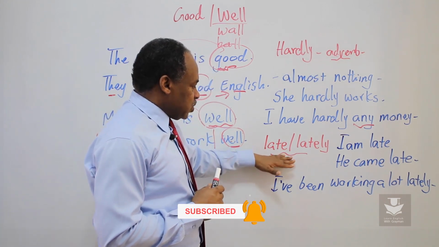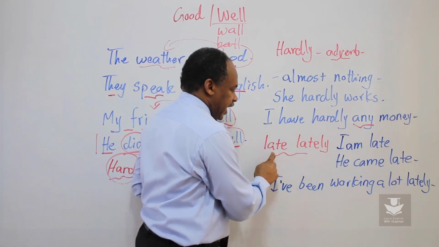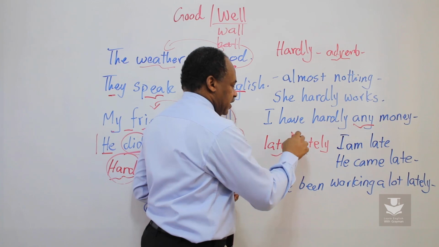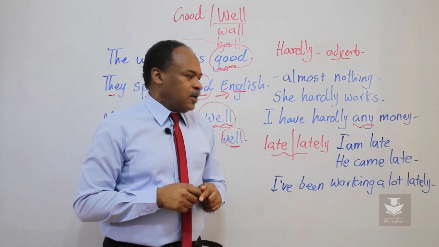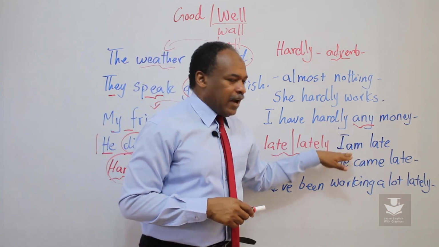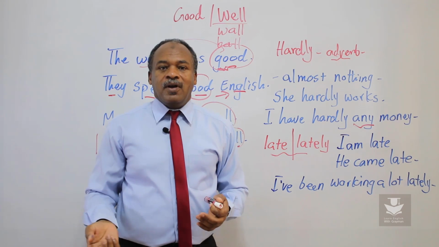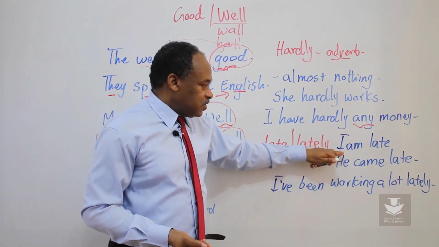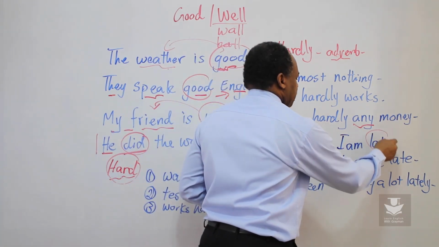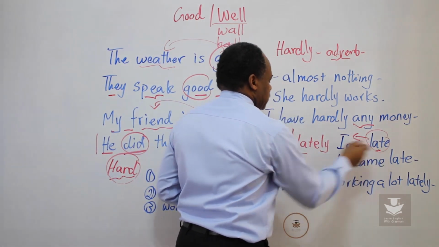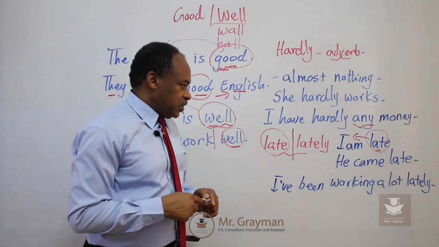So let's look at these two words here. Late and lately. You know the meaning of late. So what's late? If I say I am late, I'm not on time, so I'm behind, I'm late. So late here describes me, so it is an adjective. Late here is used as an adjective.